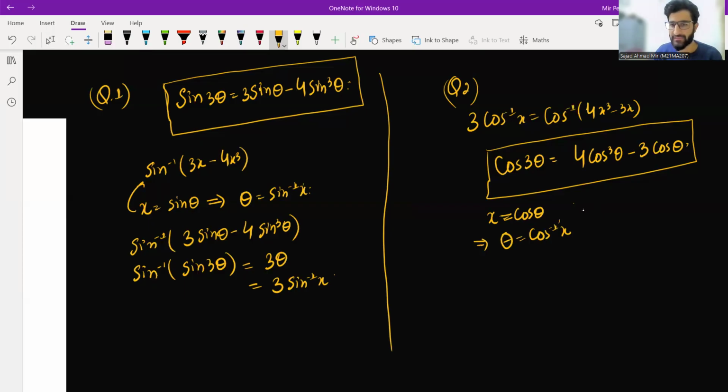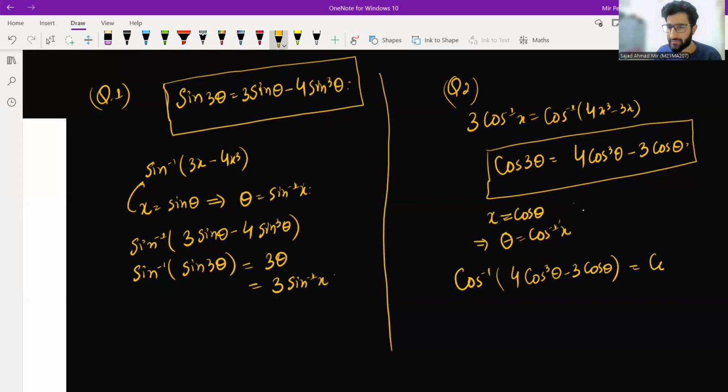Now using this in the right hand side of our question, cos inverse of 4 times, instead of x I will be putting cos cube theta minus 3 cos of theta.